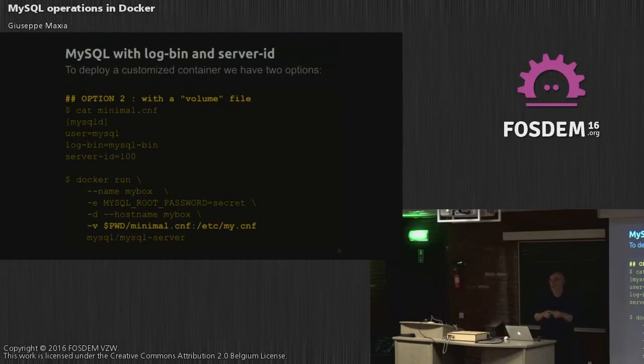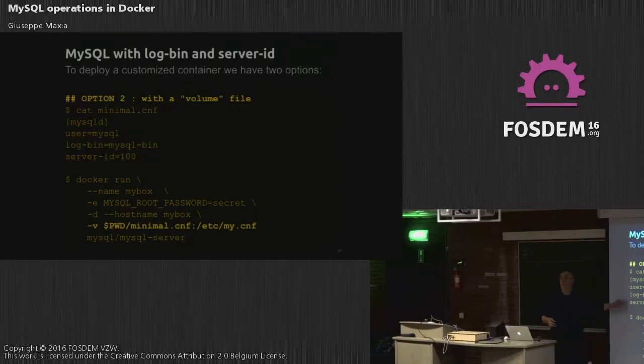The second way that you can pass options is using a volume file. A volume file is something that resides on your host operating system and is passed to MySQL. In this case, I have a minimal my.cnf that I call minimal.cnf. I have only three things here: user equal mysql, log-bin, and server-id.